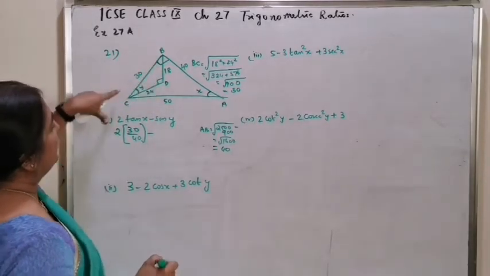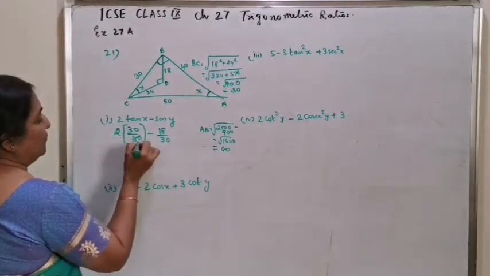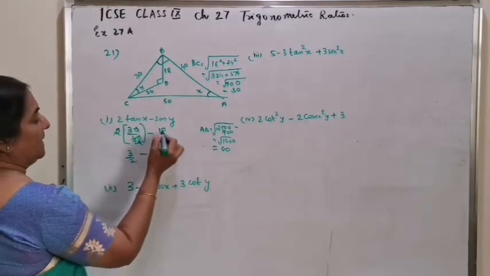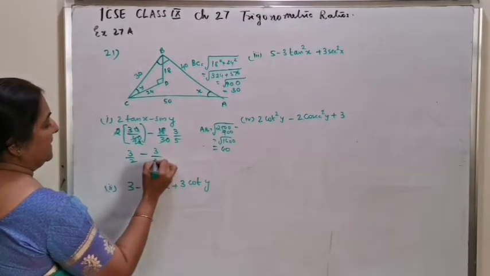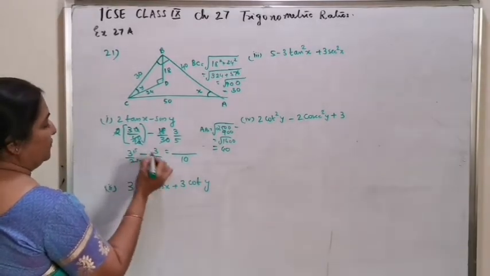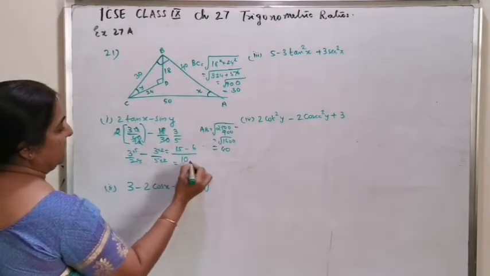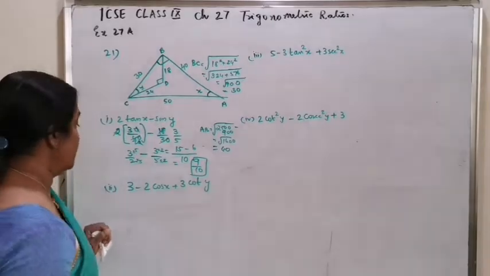Sin means perpendicular by hypotenuse, that is 18 by 30. 2 and 40 gets cancelled. So 3 by 2 minus 3 by 5, which is equal to, the LCM is 10, 15 minus 6 by 10, or 9 by 10 is the first answer.